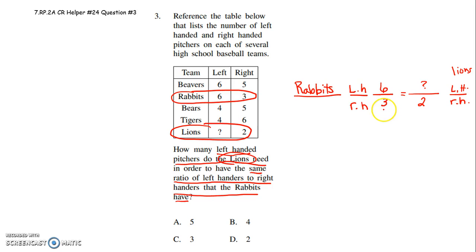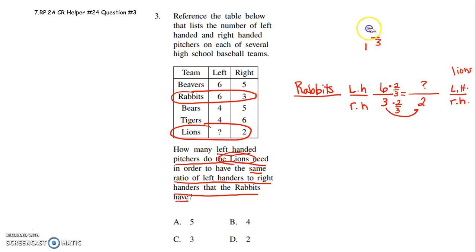So, a couple of ways to go about this. First, I could just look at my denominators and say, well, what do I have to multiply 3 by to get to 2? Well, I'd multiply 3 by 2/3 to get to 2. If I'm multiplying 3 by 2/3, I have to multiply 6 by 2/3. 6 times 2/3, sorry, that's a multiplication.